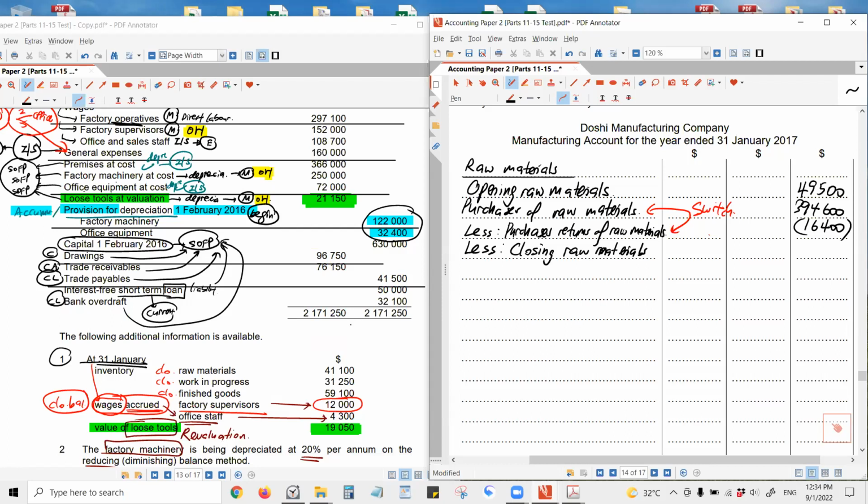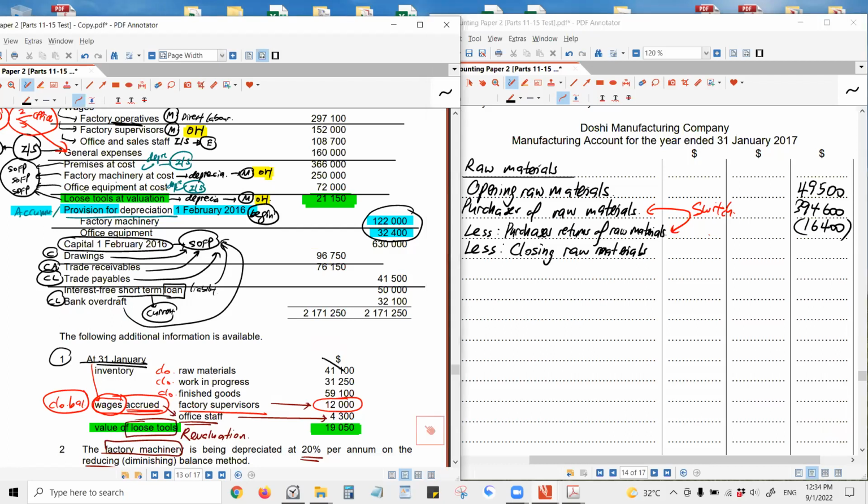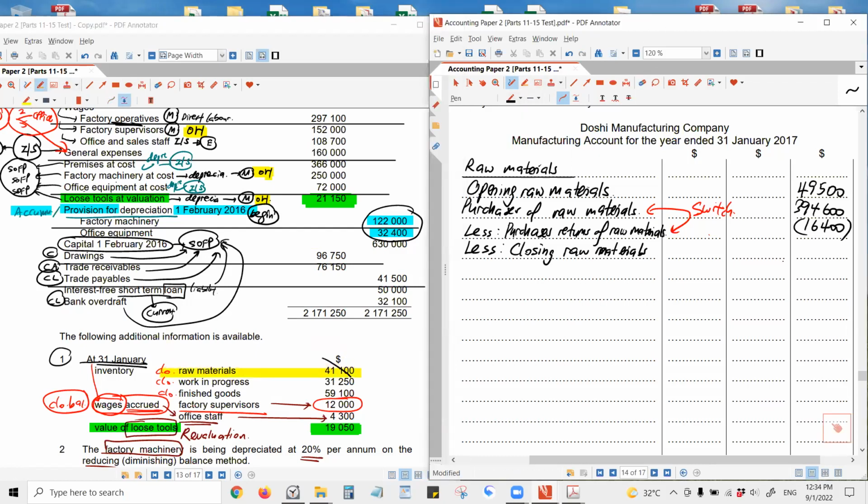Can see closing raw material 41100. So write down 41100. You should get 386600.